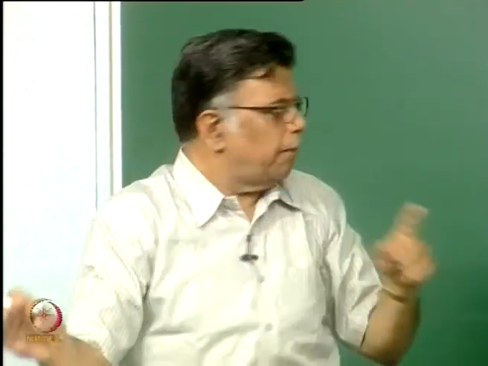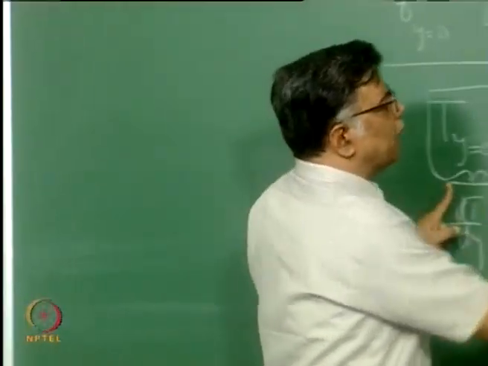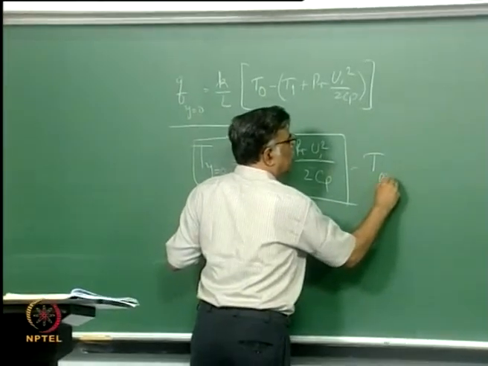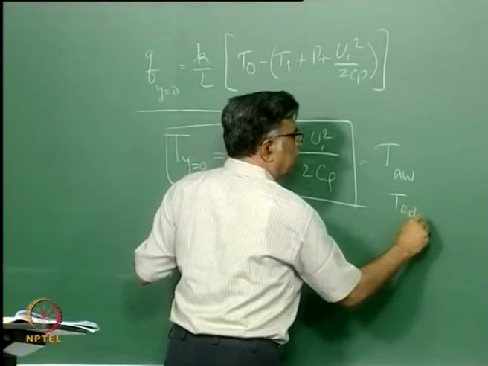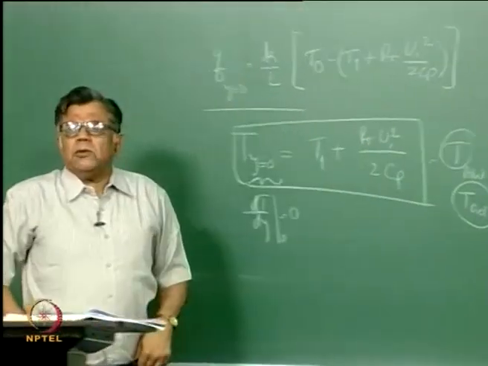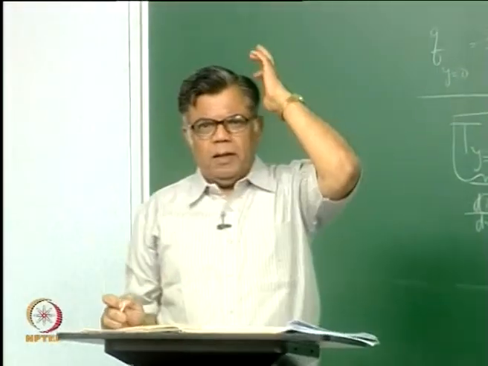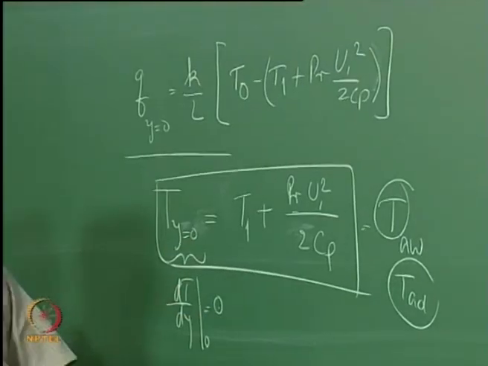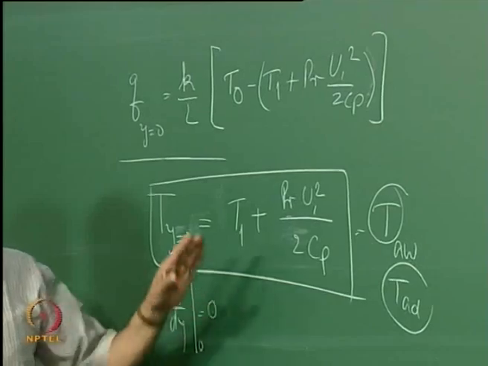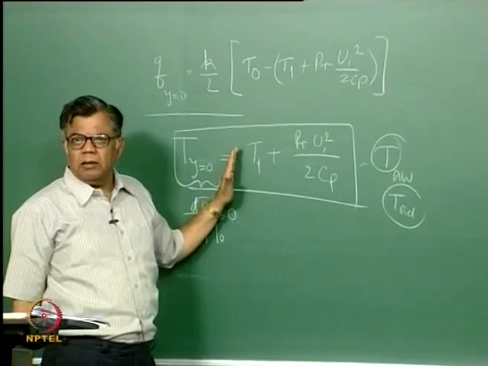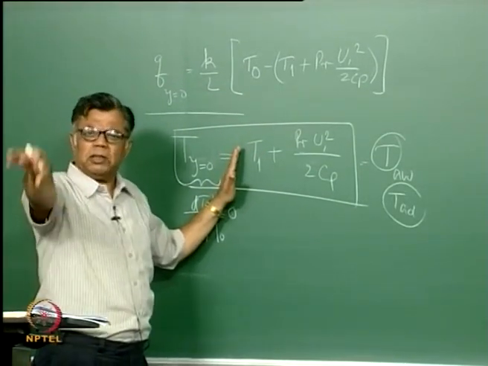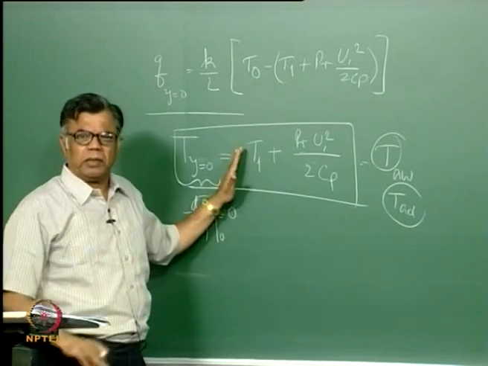That means the temperature at y equal to 0 is actually T adiabatic wall, or T_aw. So, in an insulated condition, you have now the temperature. And please see, it is always higher than T1. We did not specify the temperature as T0, we specified an insulated boundary condition.